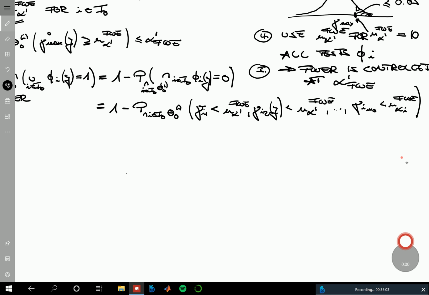Now, if all of these test statistics, the first, the second, and the last test statistic, are smaller than the critical value, then also the largest of these test statistics is smaller than this. Because all of them are smaller than this.